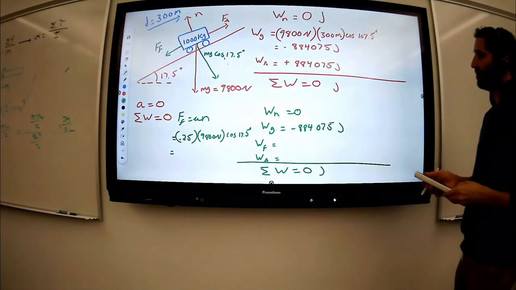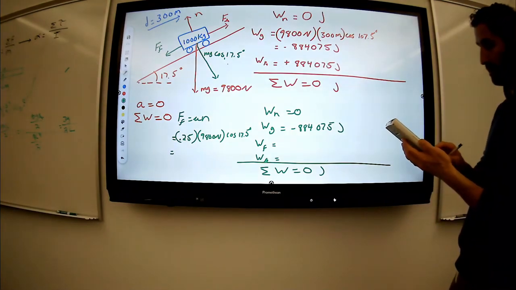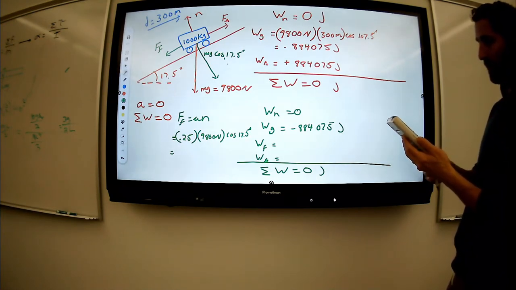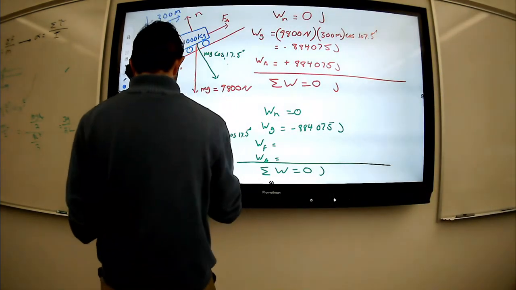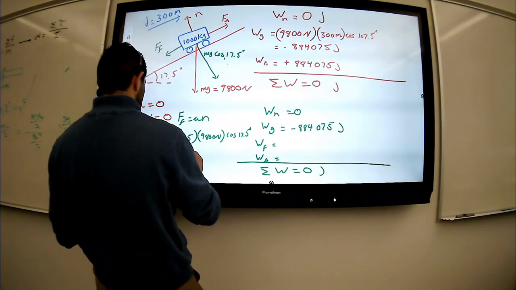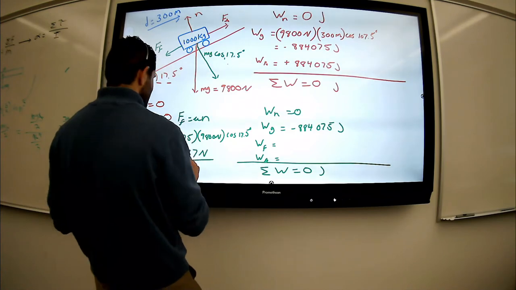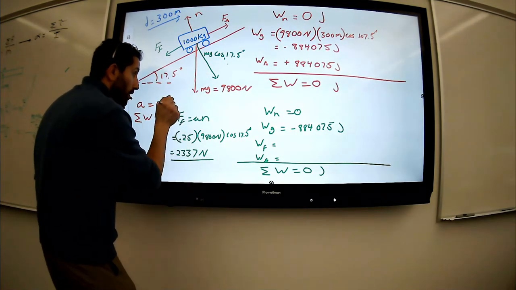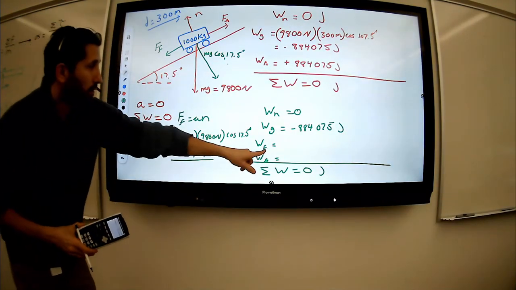I think it comes in around 2,300, but I'm going to do it anyway. 0.25 times 9,800 times cosine 17.5. Yeah, 2337. Now be careful here because that is not the work. That's the force of friction. I still haven't calculated the work.